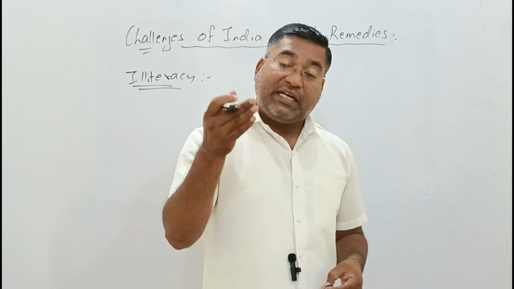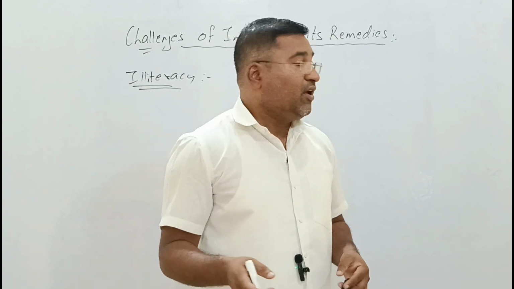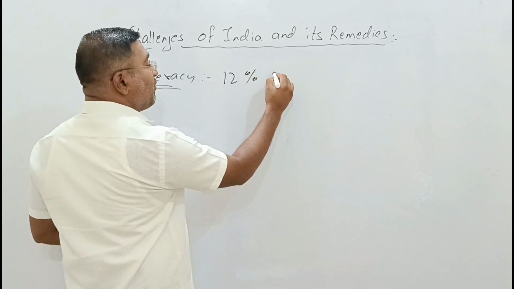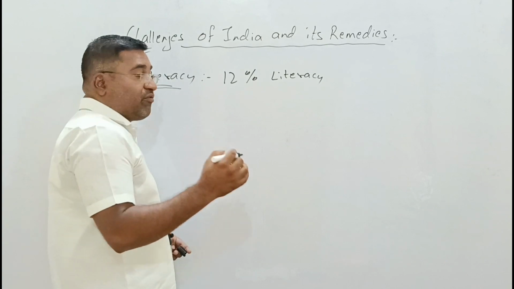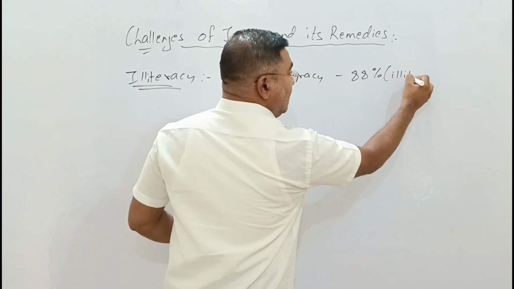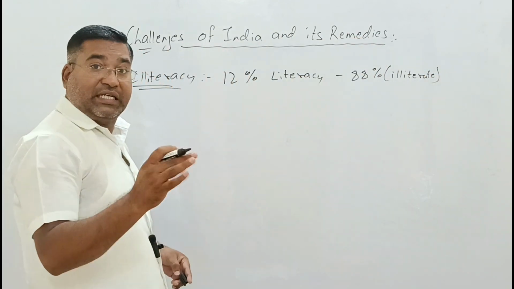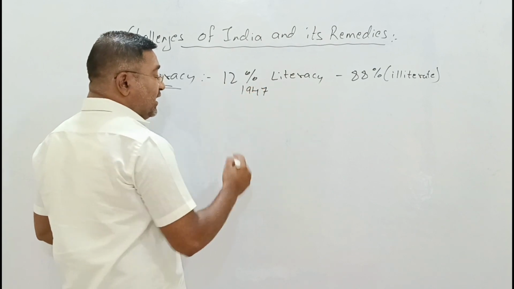When India got its independence in 1947, there was hardly 12 percent literacy, and 88 percent were illiterate.